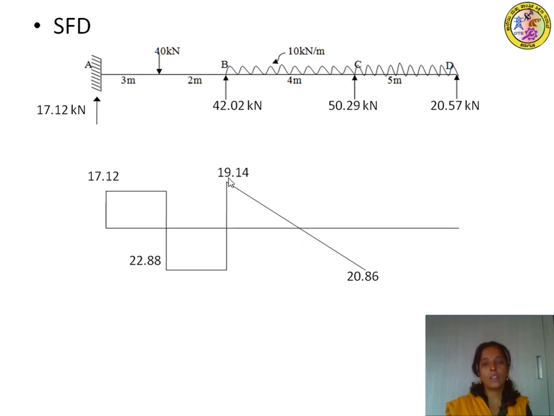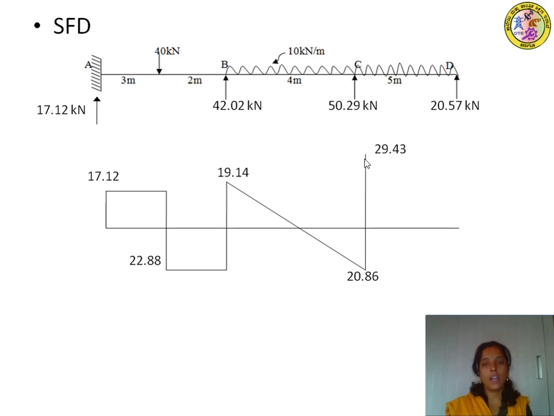Since it's a UDL, this has to be a linearly varying line. So left of C it is minus 20.86, and just to the right of C we have an upward force of 50.29. So minus 20.86 plus 50.29 will be equal to plus 29.43 kilonewton.